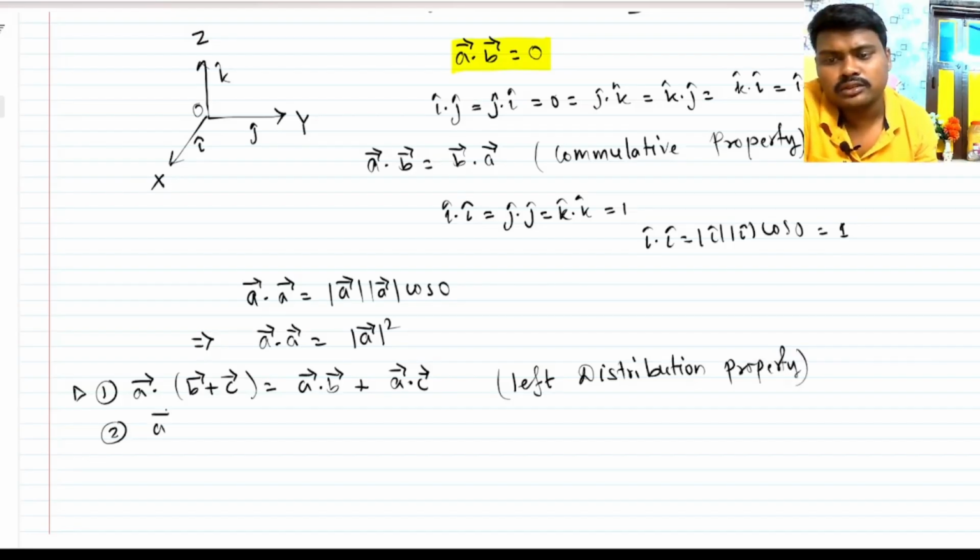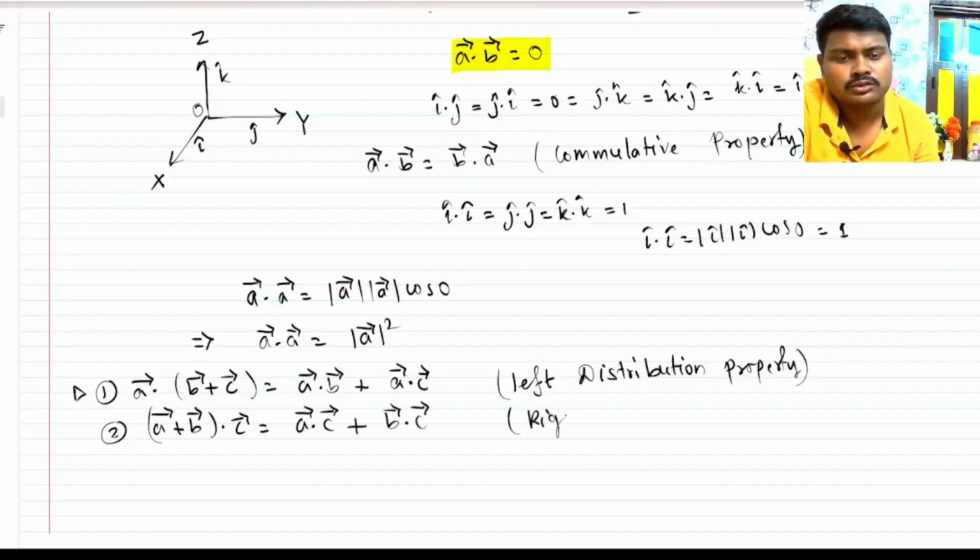Similarly, we can consider the right distribution property as follows: A plus B dot C vector is equal to A dot C plus B dot C. It is the right distribution property.